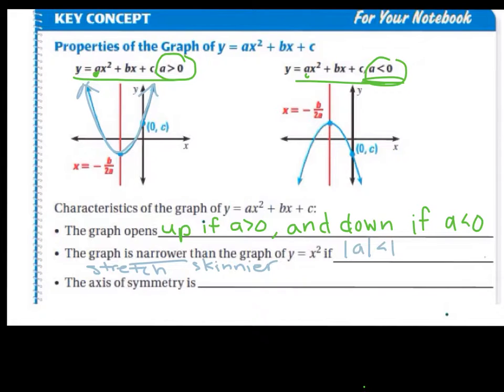So same idea goes here. If it's less than 1, it's going to be skinnier, narrower, stretched, and it's going to be wider if that a value is less than 1.